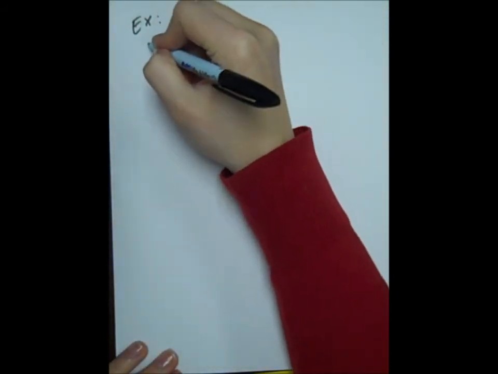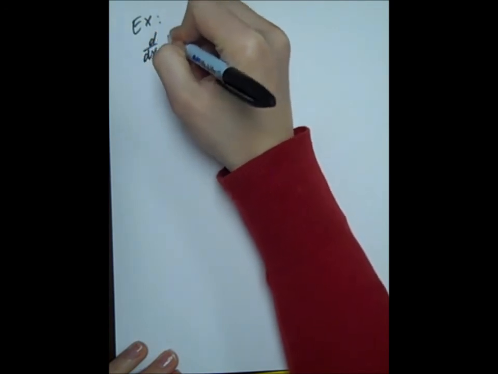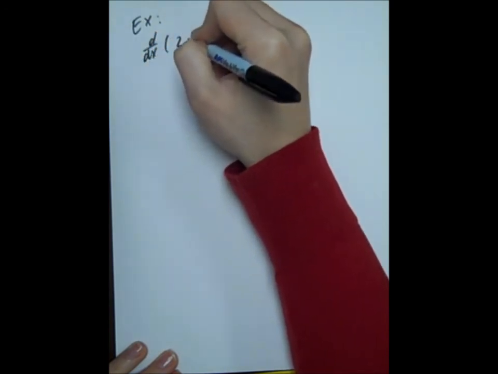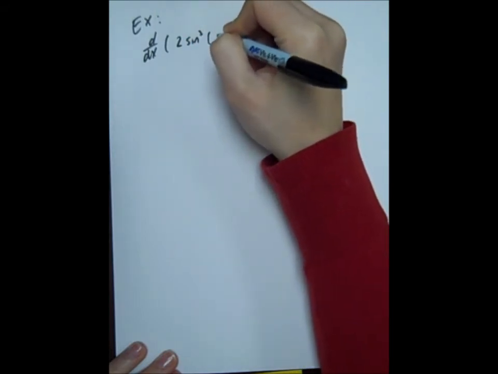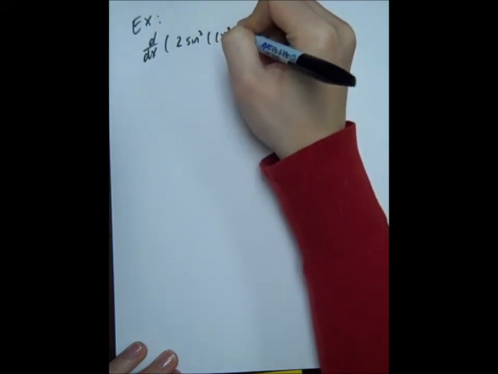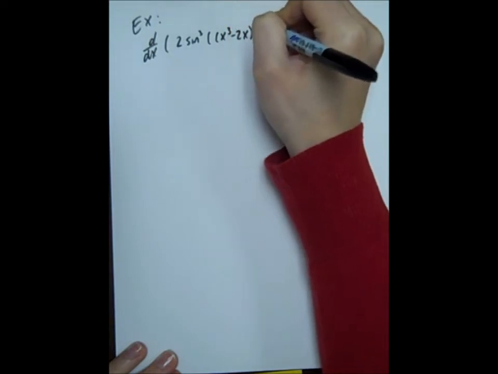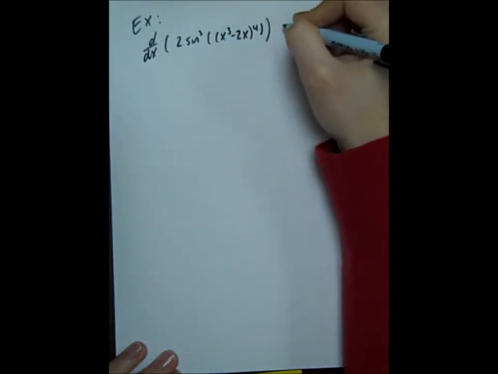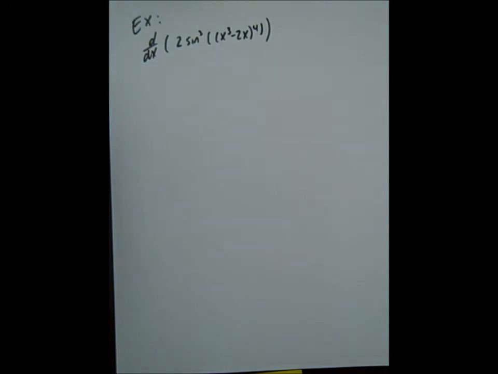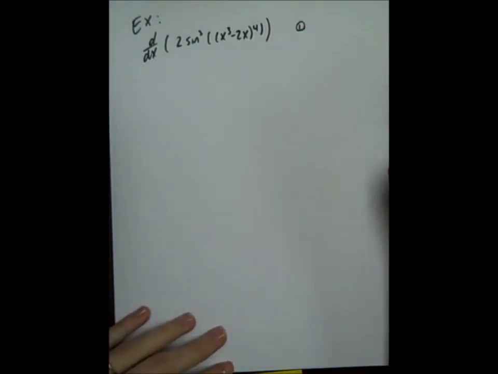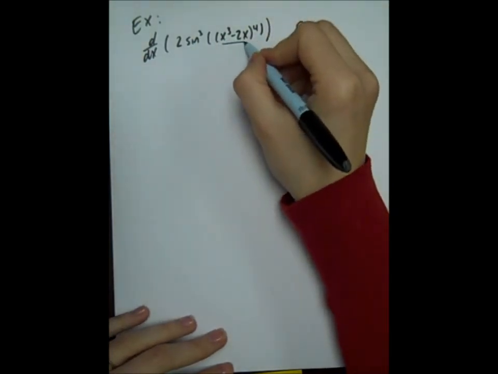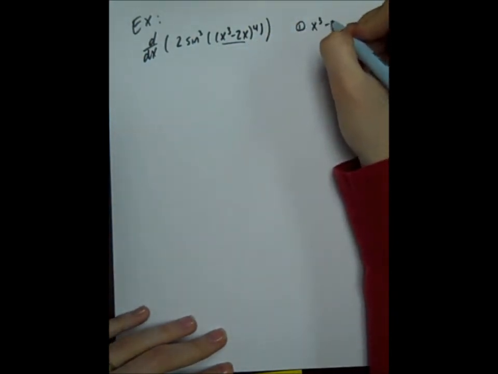Okay, let's do a little bit of a longer one. How about 2 sine cubed of x cubed minus 2x to the 4th? So a lot of functions playing the part here. What's my most inside function though? The most inside would be the x cubed minus 2x.